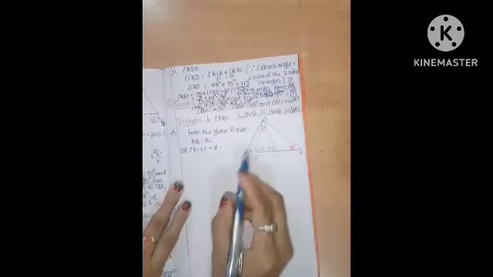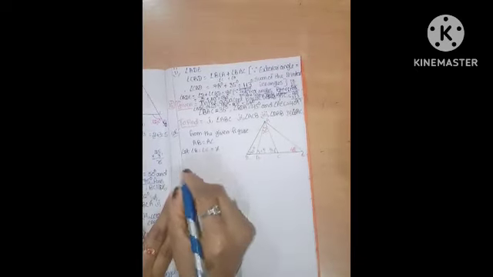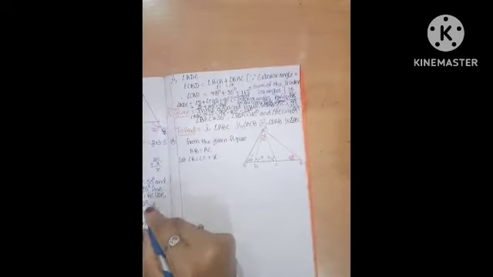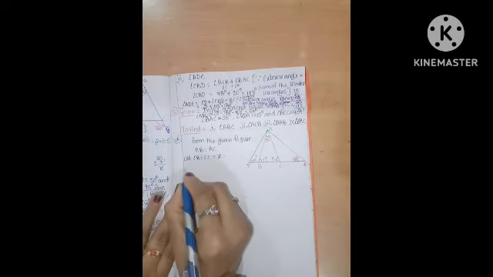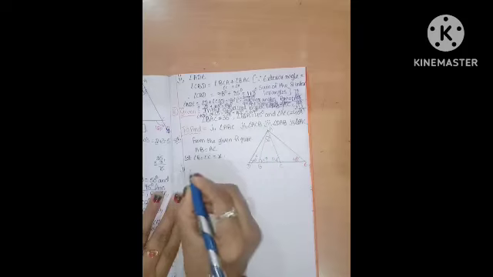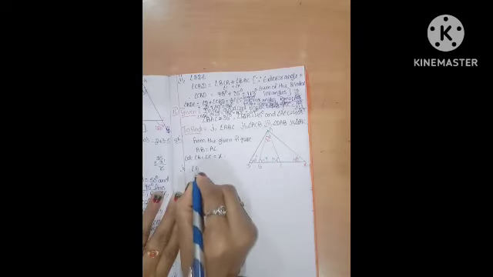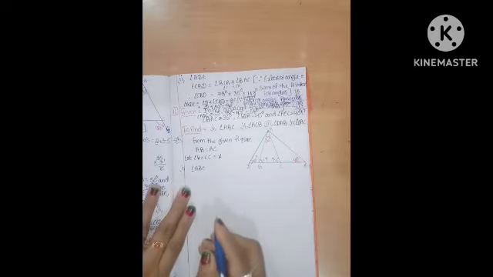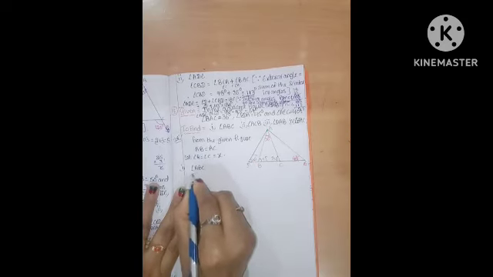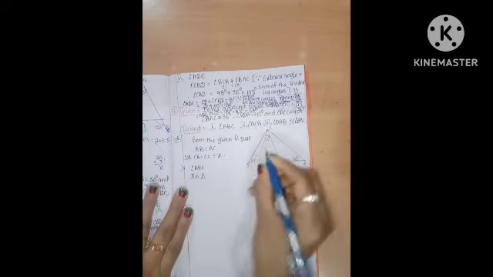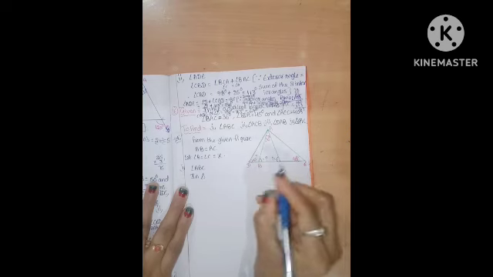Next, in triangle ABC, how do we calculate the first part, angle ABC?